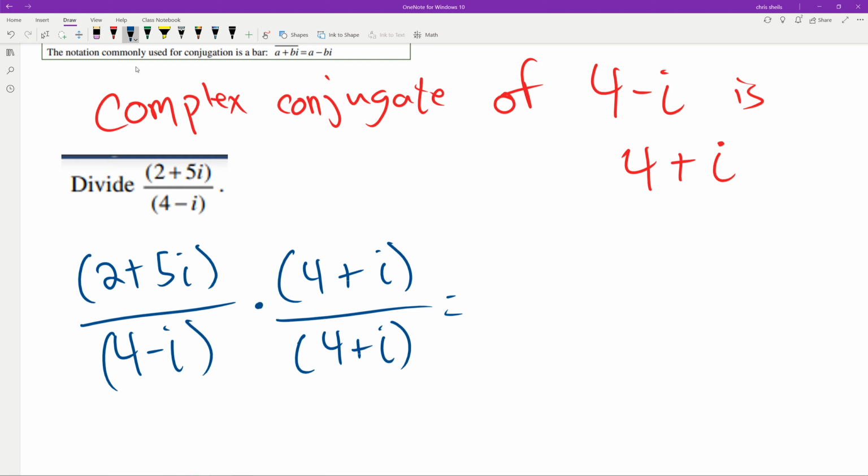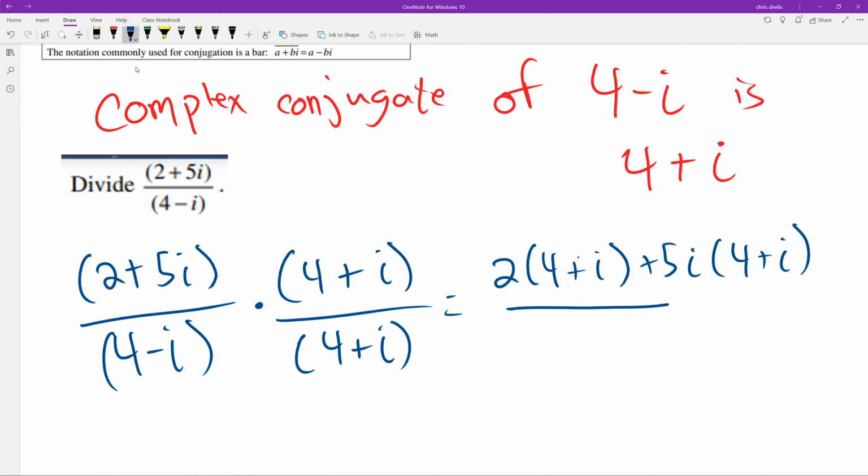Now I need to distribute everything. Up top, this becomes 2 times 4 plus i plus 5i times 4 plus i. On the bottom, this is going to be 4 times 4 plus i minus i times 4 plus i.